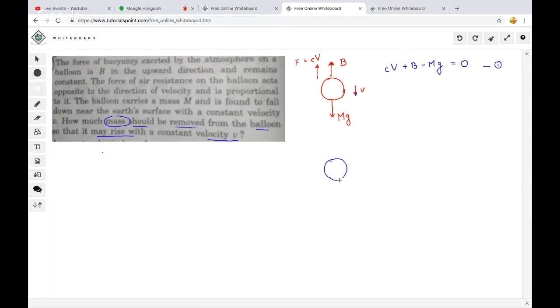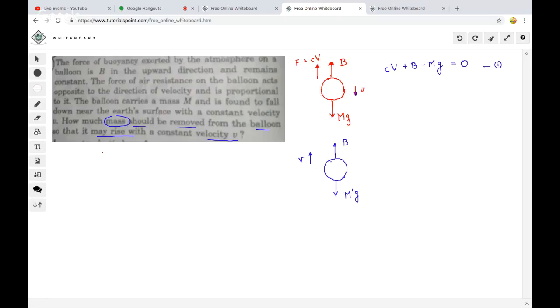Since we are assuming that it is the same balloon and the volume does not change, the force of buoyancy remains B only. Assuming the mass is now m dash, because we have already thrown some mass down, the gravity force will be m dash g. Now this balloon is moving up with velocity v. Tell me which direction the force of air resistance will be.